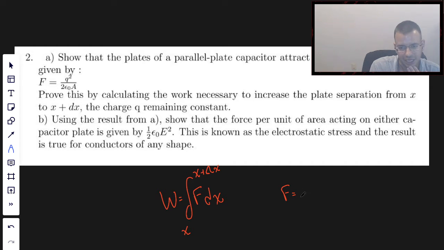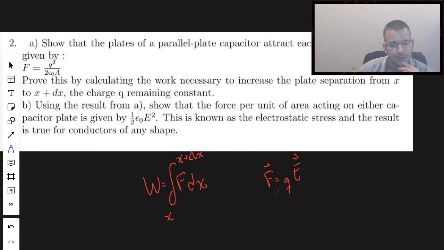I'm not quite sure what they expect us to use for formulas and what we can assume, but I'm going to say that force equals Q times E, where E is the electric field. The electric field for a plane of charge is going to be sigma over 2 epsilon naught.